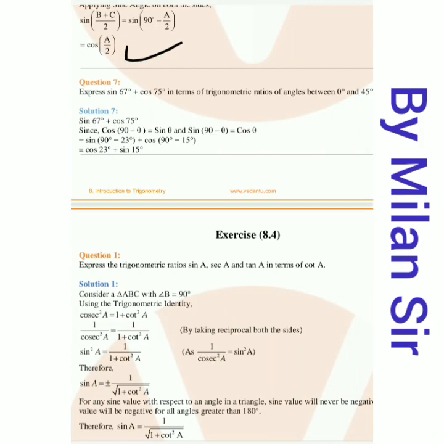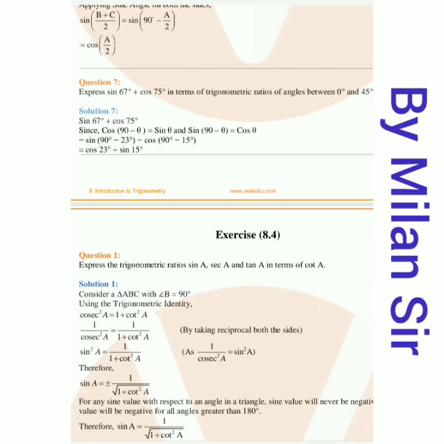Right? Then question number 7. Express sin 67 plus cos 75 in terms of trigonometric ratios of angles between 0 and 45. So here we need to convert these angles into 0 to 45. Here 67 and here 75 is present. So here we can use complementary functions.